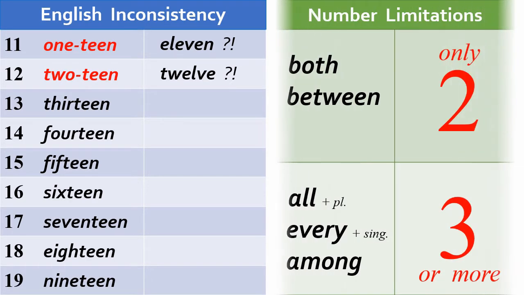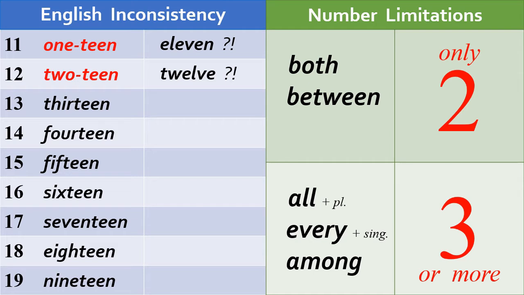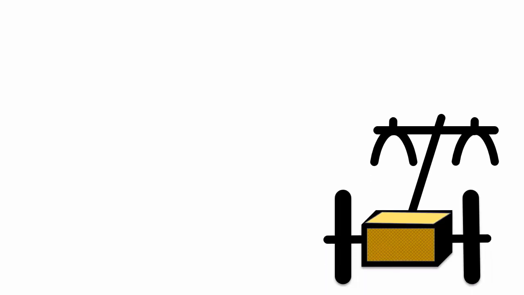English also has words with limitations, such as all, every, and among, referring to 3 or more, while both and between correctly refer only to 2. So we can forgive Chinese for having a special character for 2.